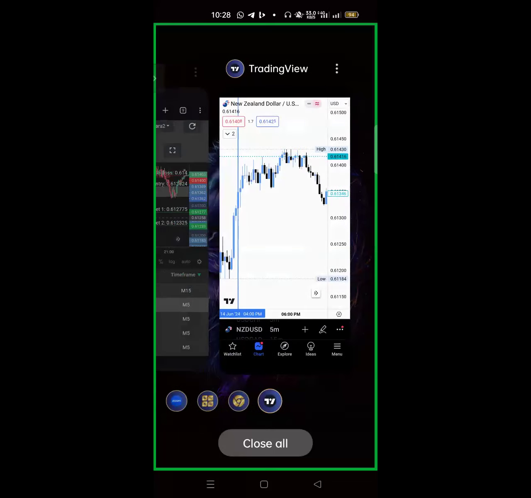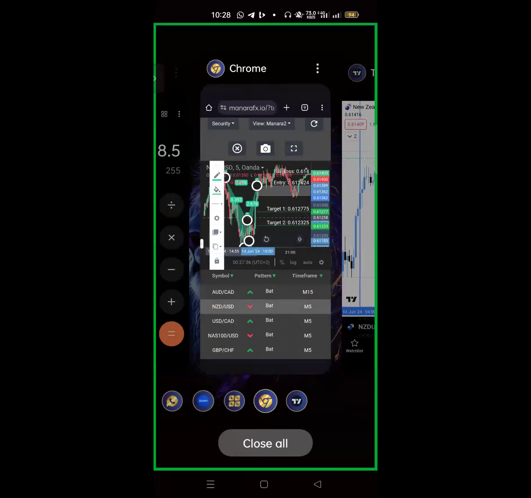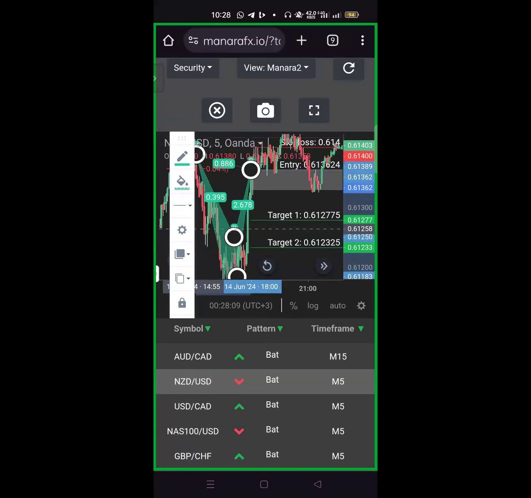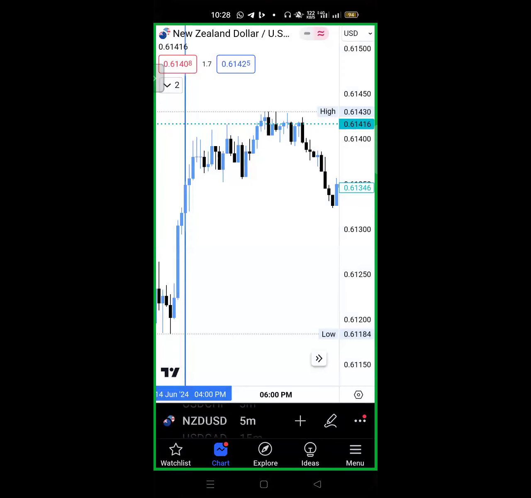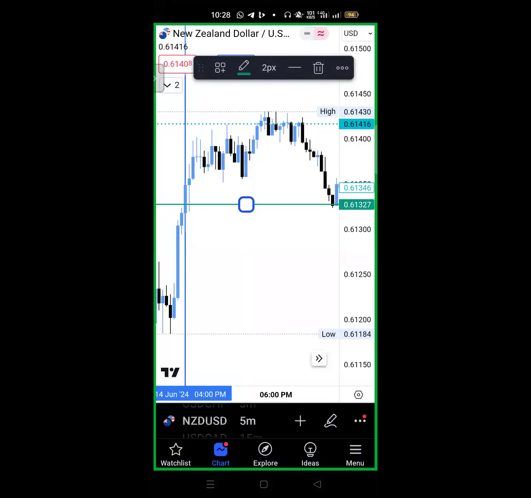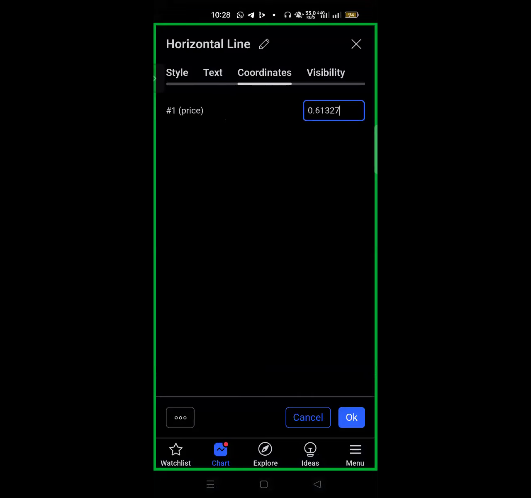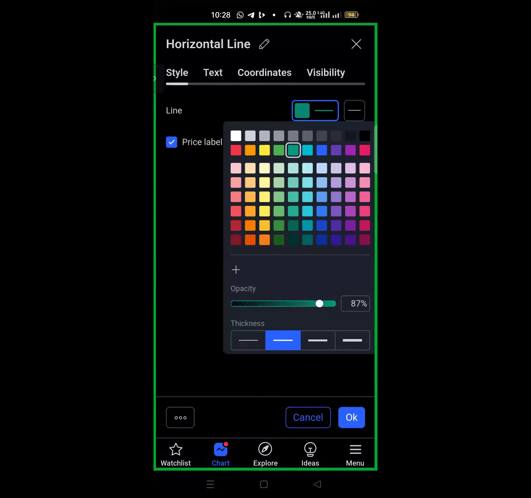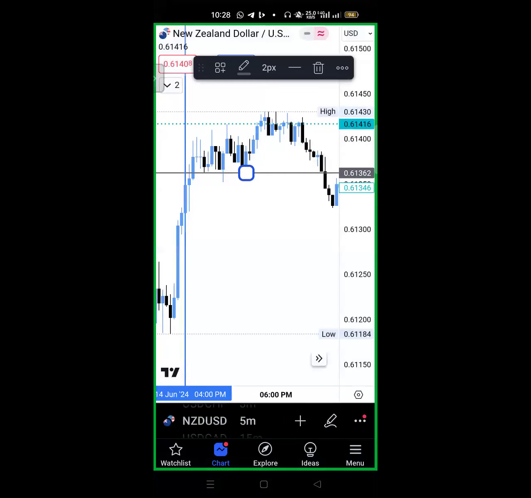What's the entry? Okay, the entry is 0.613624. Am I right? Yes, 0.613624.